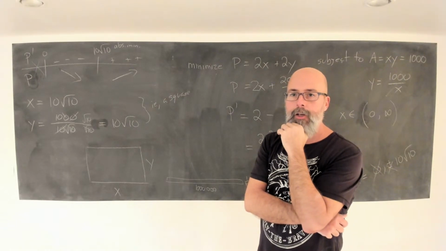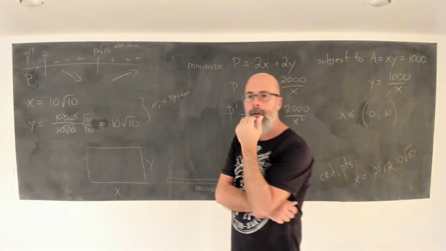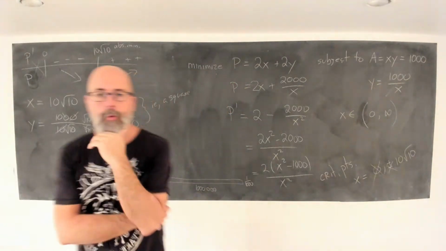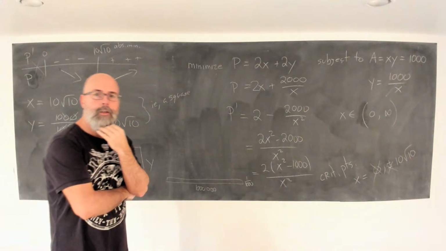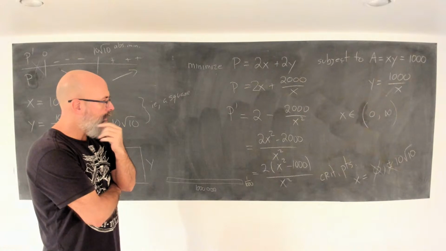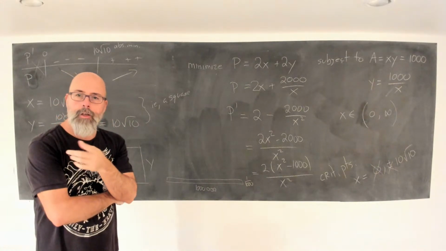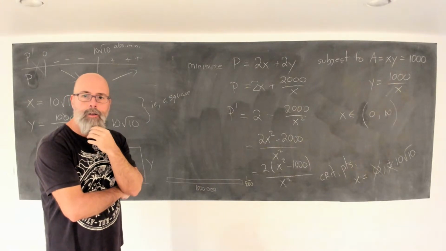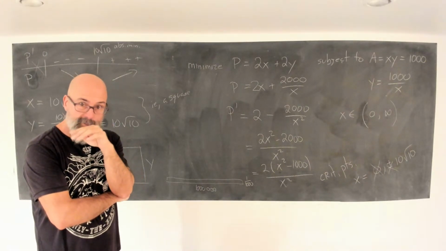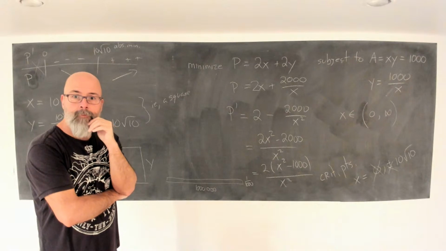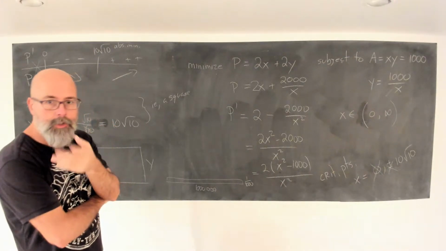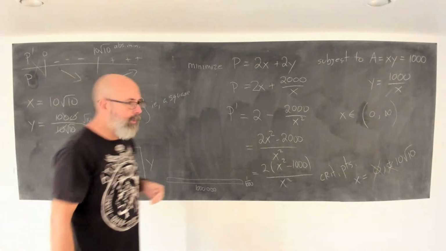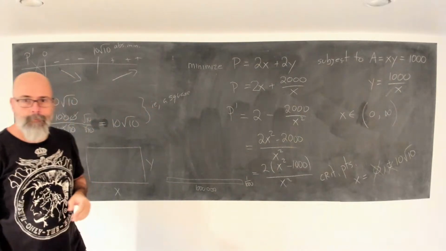Benjamin doesn't understand why the critical point is 10 root 10 when you thought it was just 10. A square is a rectangle, as Kamal suggests, relative to Jennifer's question.